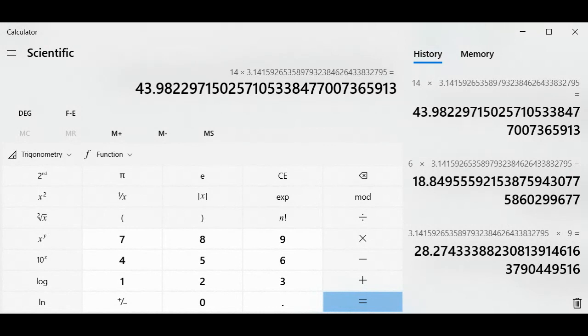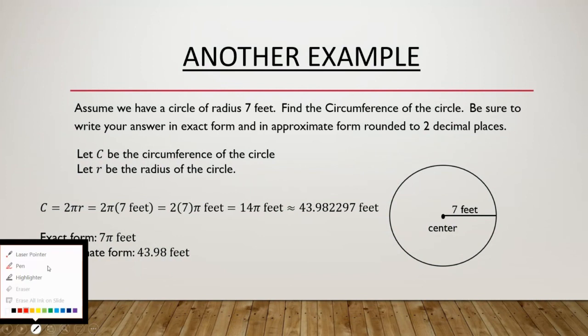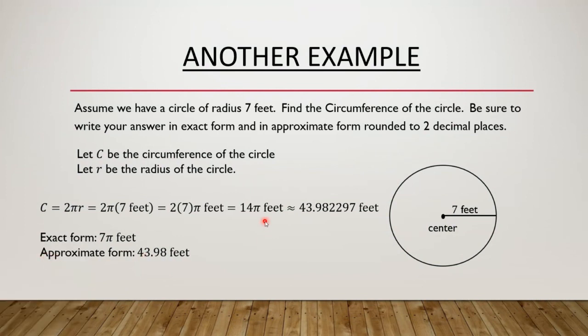So let me go back to the slide. Here we go. See, I used a lot more. But now we're going to round to 2. Our exact answer, that's before we do any kind of rounding, would be 14 pi feet.